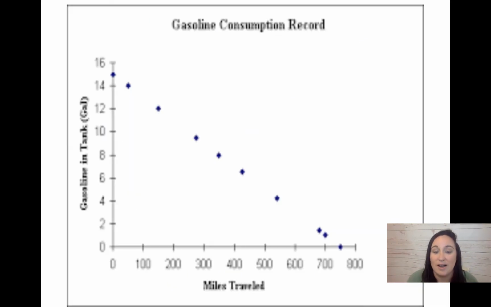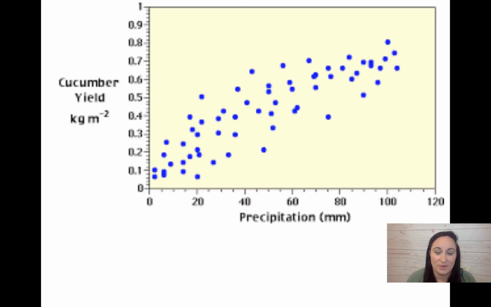Again, pause this one and see if you can decide if it's positive or negative and how you would read it. For this one, it is the more miles traveled, the less gasoline in the tank. So that would be a negative correlation. Pause it, practice with this one, and then I'll read it for you.